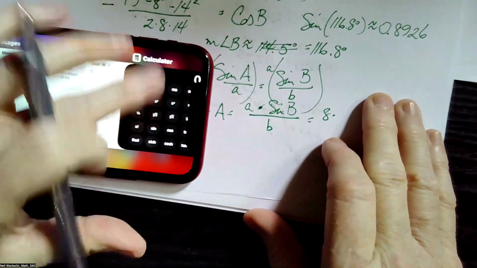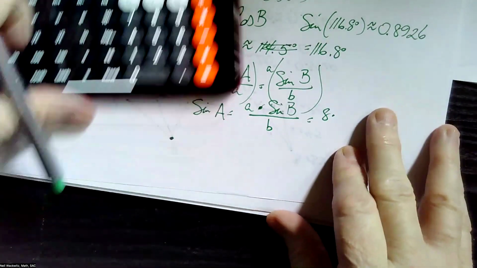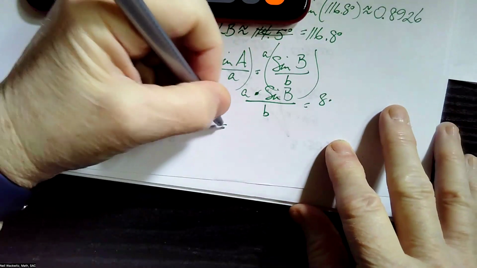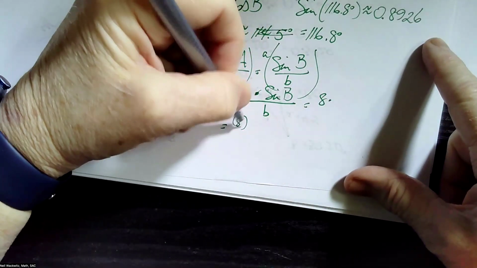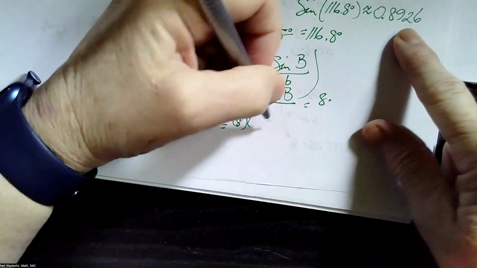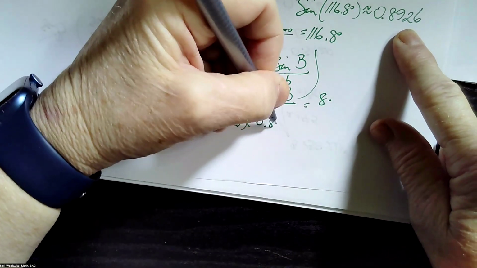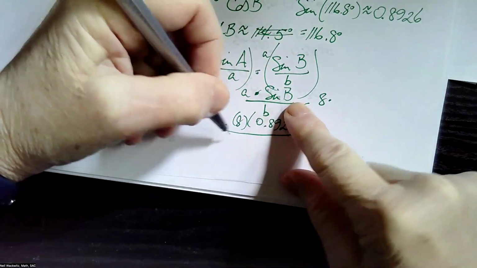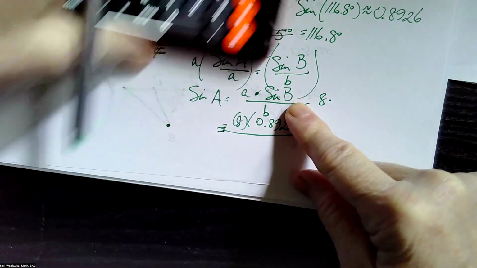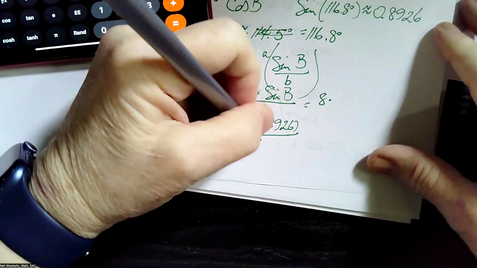And now we've got all of the values that we need. So we've got little a is 8. The sine of B is approximately 0.8926. Little b is 19.